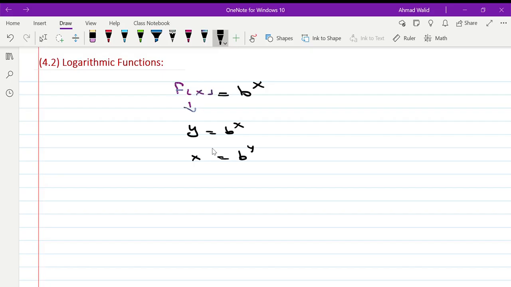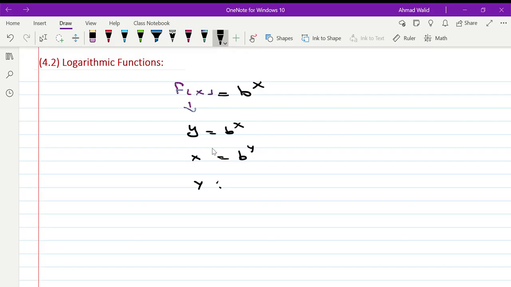If you look here, it's not easy to solve this equation, x equal b to the power of y. Solving for y is not easy.